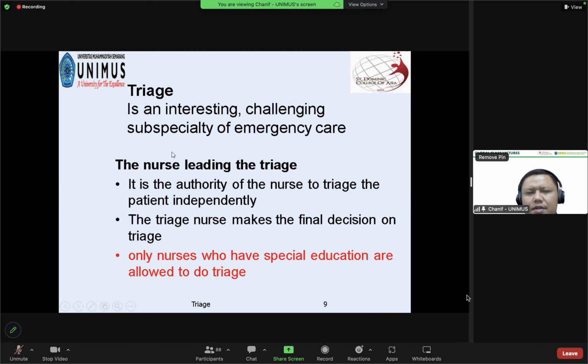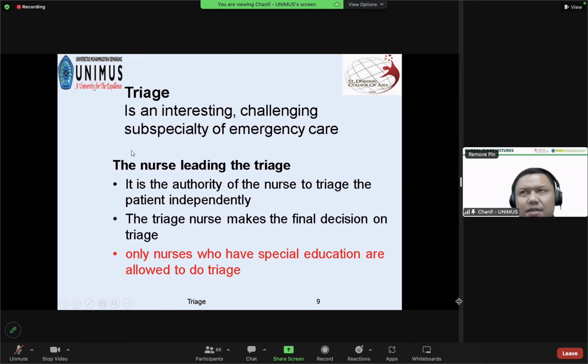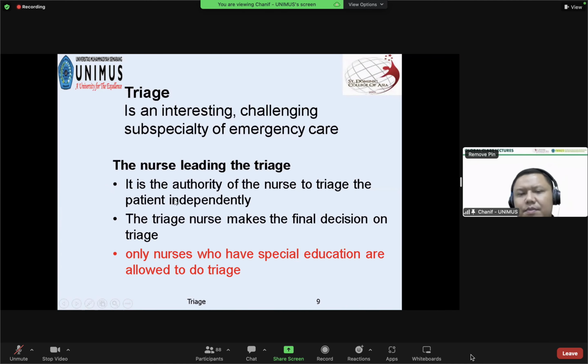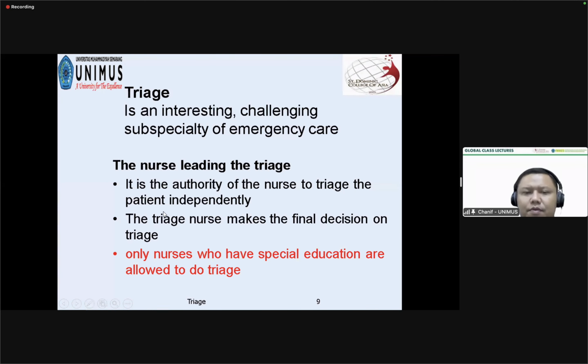So for the nurse who gets the job of the triage officer in hospital, it is the authority of the nurse to triage the patient independently. Yeah, it is the independent function of the nurse to decide which patient is what level and not depend on another health profession.